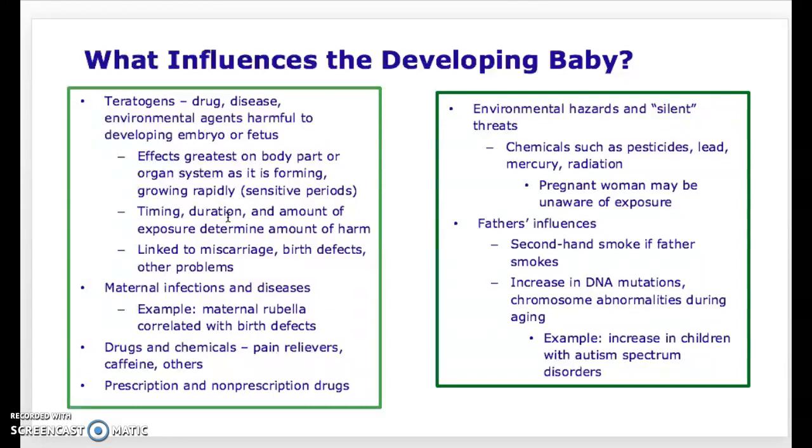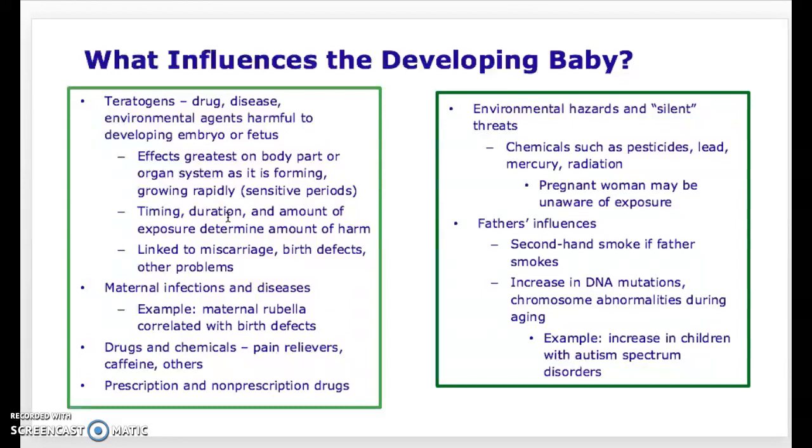Drugs and chemicals also react with the genes. When we talk about things like even taking aspirin, which causes an increase in bleeding, or caffeine, more than a cup of coffee a day is usually what's not recommended, these can interfere with the child's development, and of course, any other prescription and non-prescription drugs. And when women are pregnant, they will usually talk with their physician about the kind of medications that they are taking.